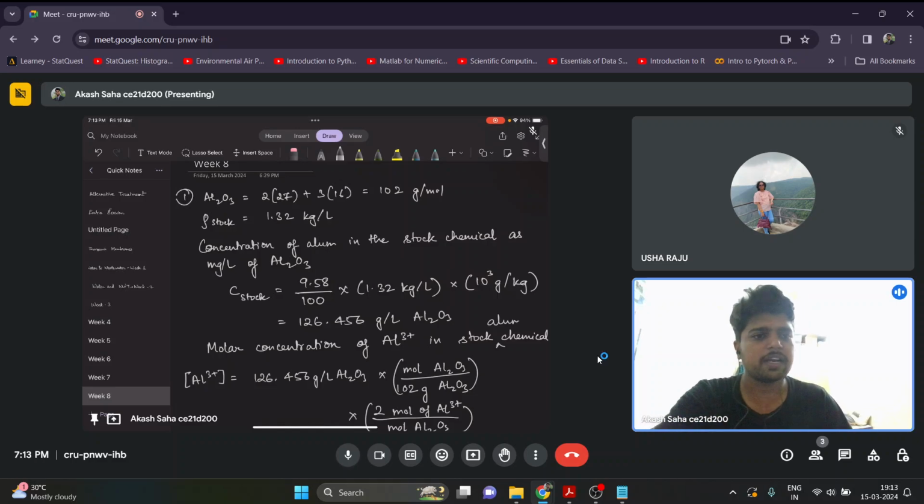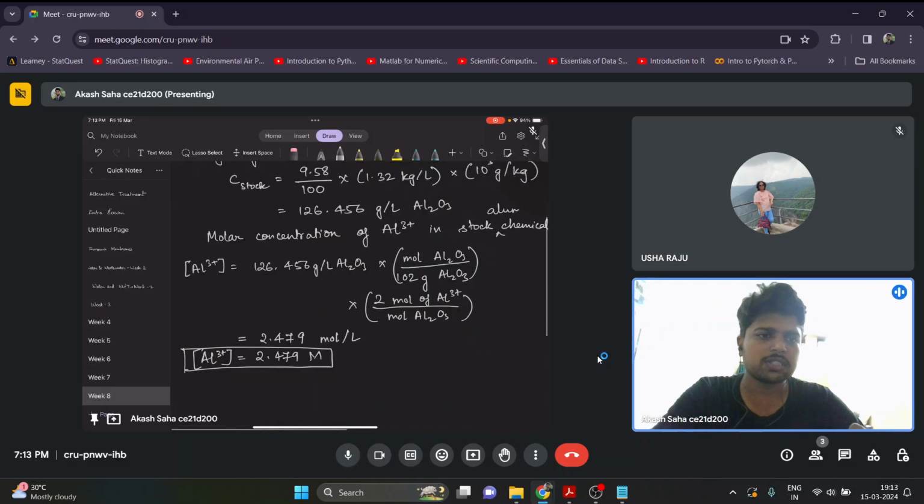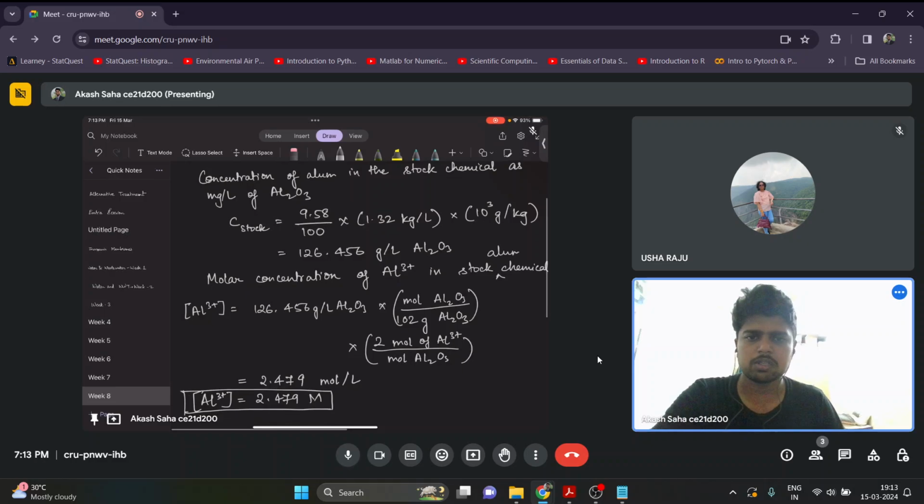After finding it, to get the molar concentration of Al3+, we divide the concentration by the molecular weight of Al2O3 into the number of moles of Al3+ per Al2O3, that is 2. Once we do that, we get the molar concentration of Al3+. I hope you have noted it down. We'll move forward. If there are any questions, you can ask.